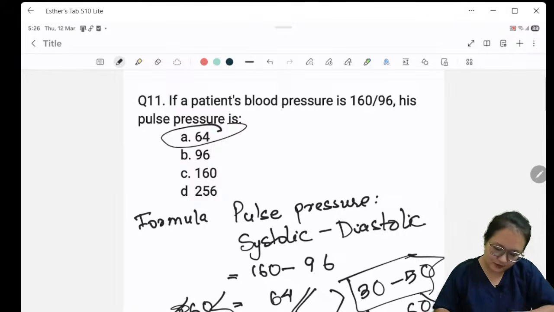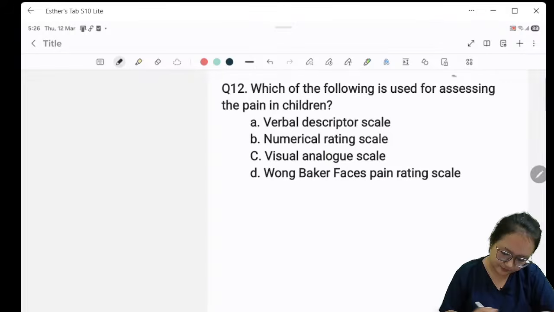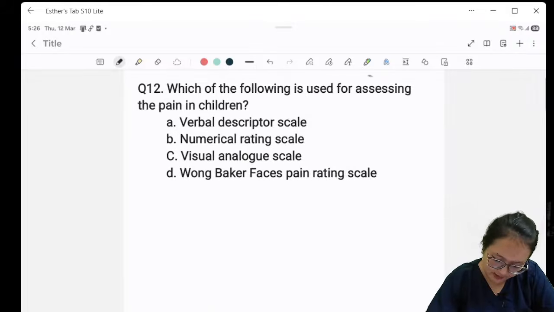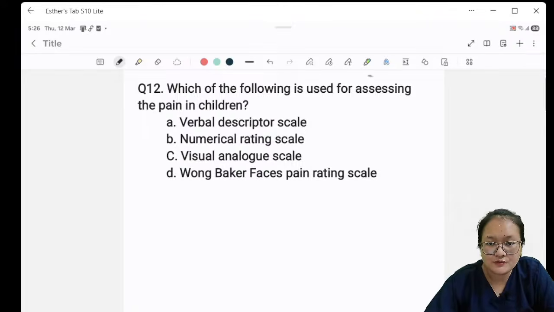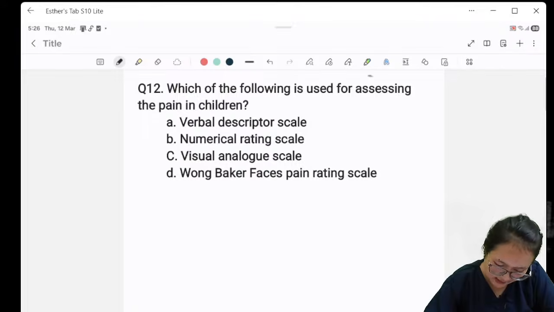Okay, next question: which of the following is useful for assessing pain in children? A is verbal descriptor scale, B is numerical rating scale, C is visual analog scale, and D we have Wong-Baker's face pain rating scale.